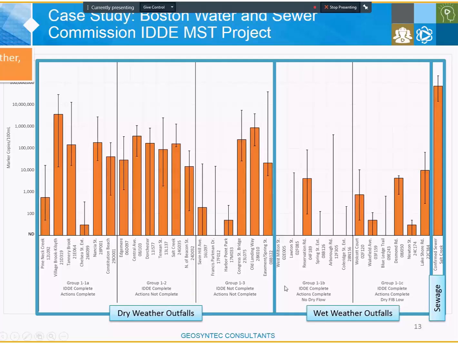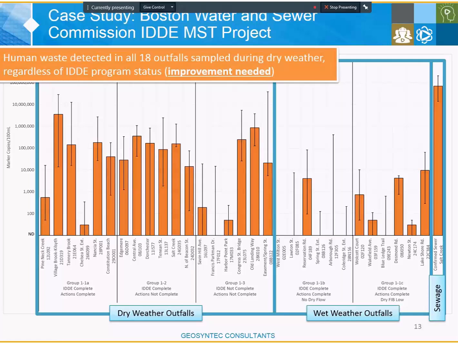So there's a few takeaways here that are interesting. One is that human waste is present in the MS4 discharges during dry weather, regardless of IDDE program status. That means further IDDE program improvement is needed.